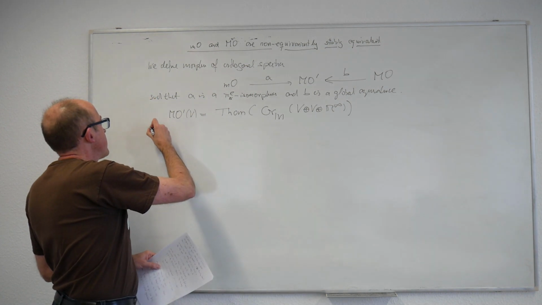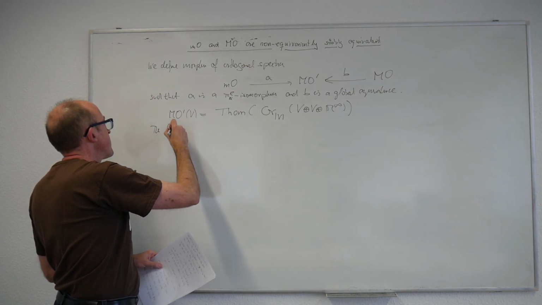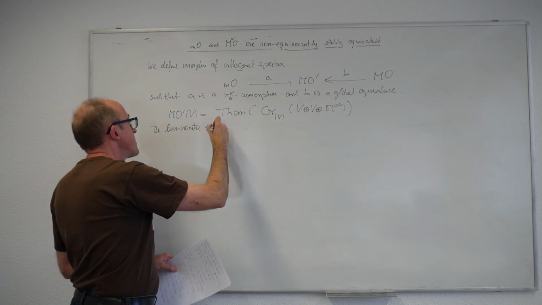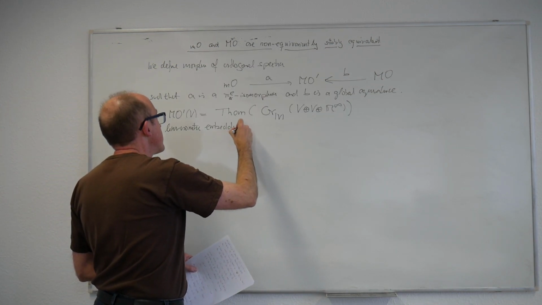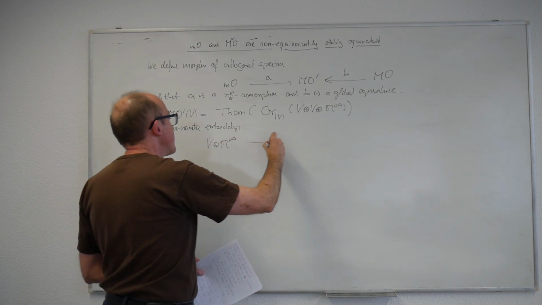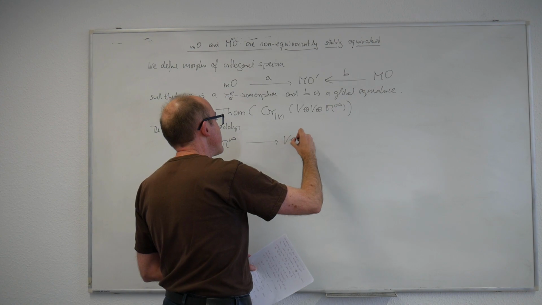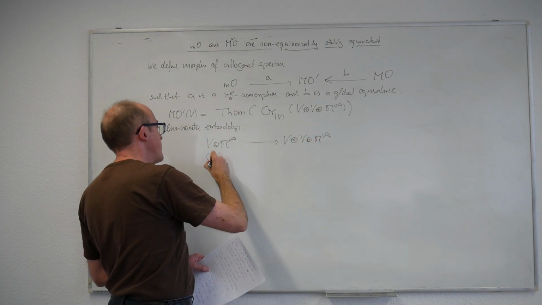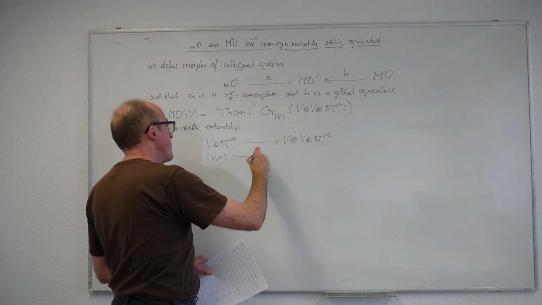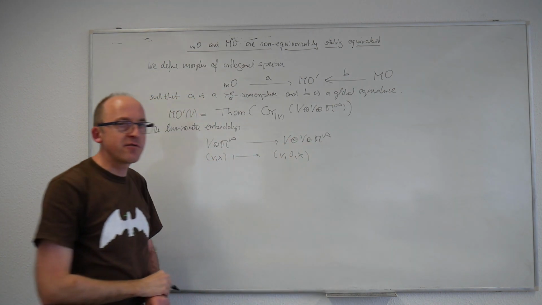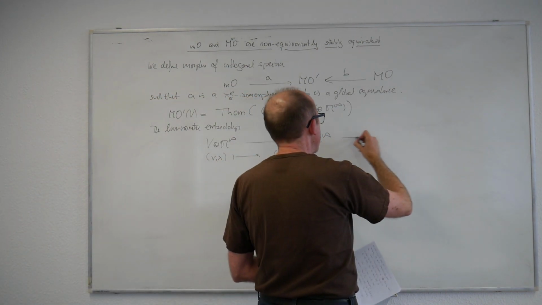And then we have linear isometric embeddings. On the one hand, from V plus R infinity to V plus R infinity, and the one I take sends V comma x to V comma 0 comma x, because I've decided the first copy of V is the distinguished one.